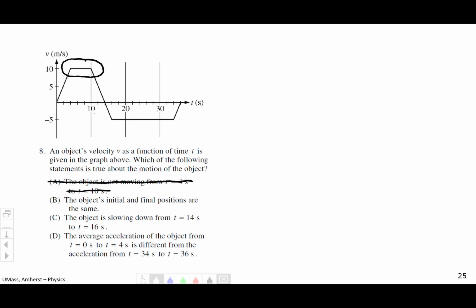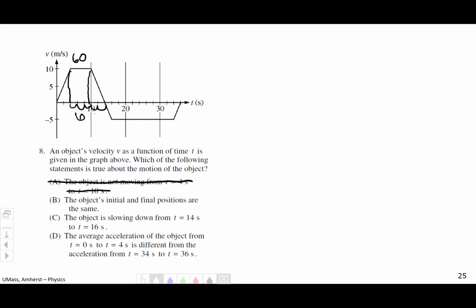The object's initial and final positions are the same. So in order to calculate the initial and final position, we need the area under the curve to calculate displacement. From here to here is 2, 4, 6 times 10 is 60, and then 2, 4 times 10 is 40, times 2 is, am I an idiot?